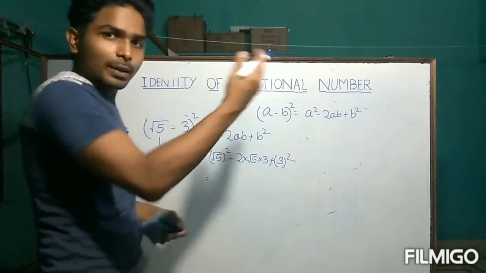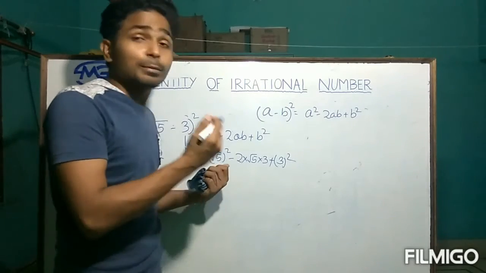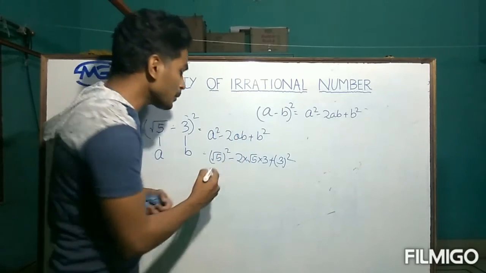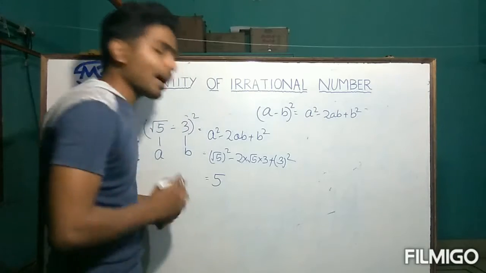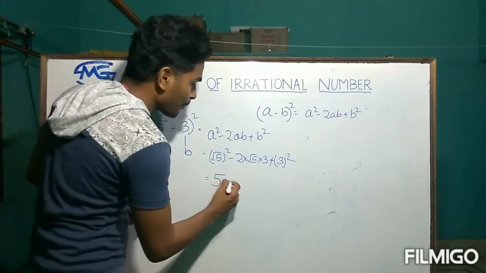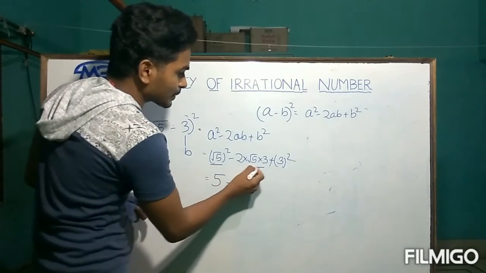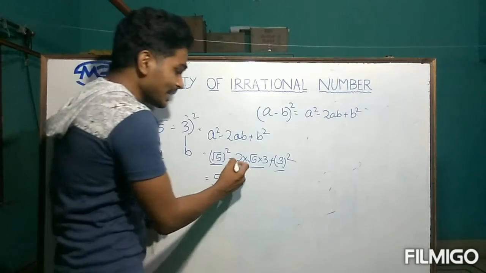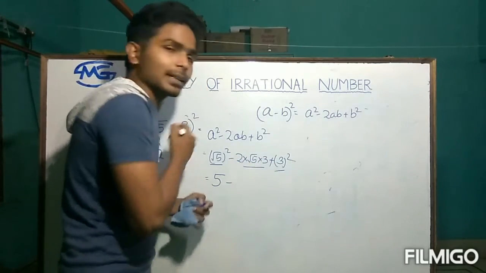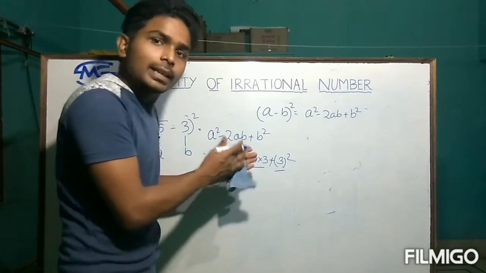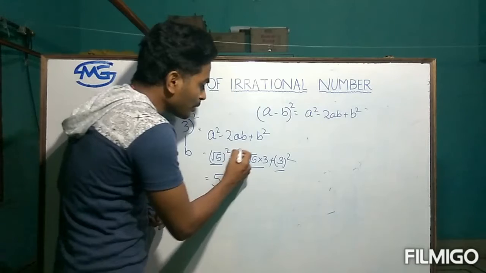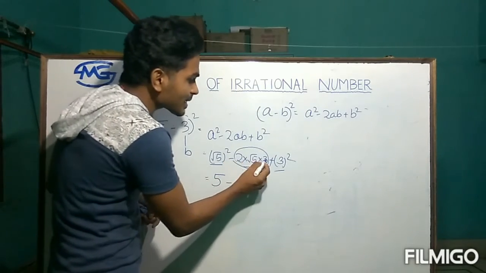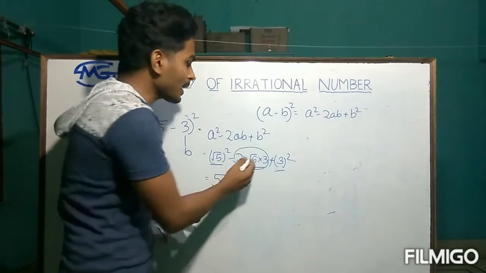Now as we calculated the square of root 2, we can also calculate the value of root 5 square. So what will be the value of root 5 square? It will be 5. Okay, minus. See, there are 3 terms, and in the middle term there are also 3 terms which are multiplied with each other, and among these 3 terms 2 are rational, 2 and 3, and 1 is irrational.